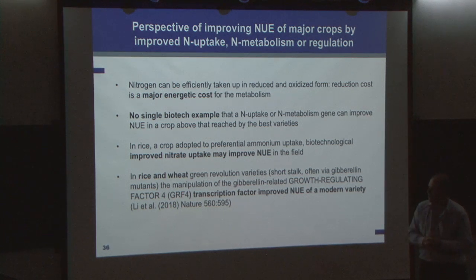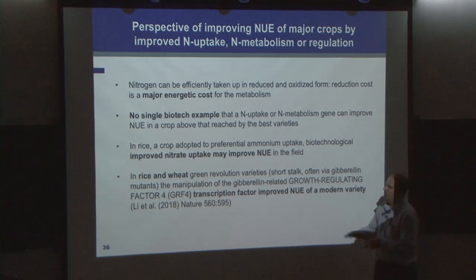And one recent publication from last year was really a surprise for many people, because there was a Chinese group that suggested that certain wheat and rice varieties which have been shortened during the Green Revolution, so that the varieties are shorter in their stem, so that they can hold more grain mass and don't lodge.